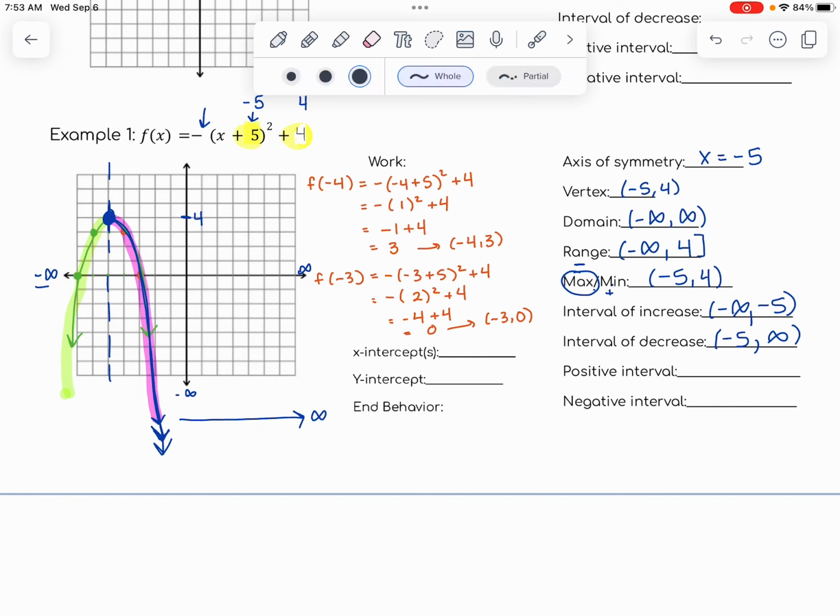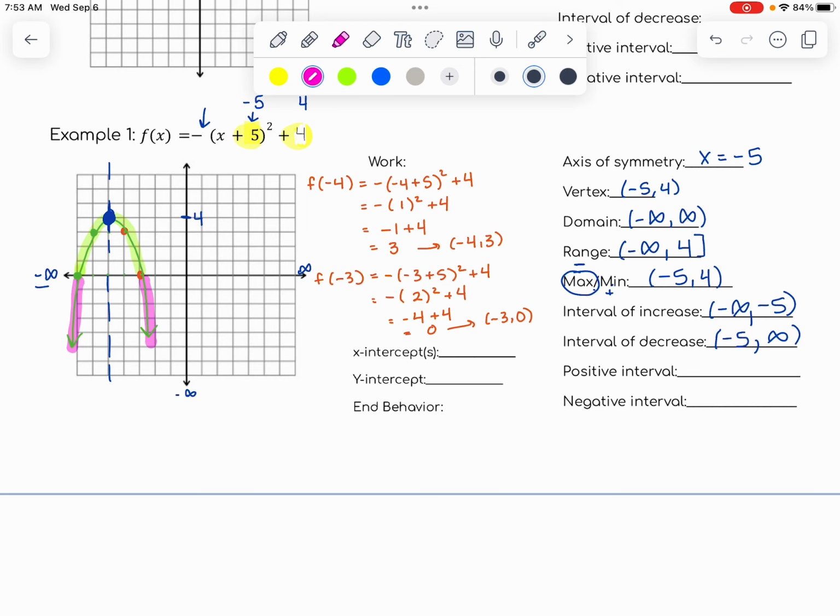All right, now let's talk about the intervals of positive and negative. So positive and negative intervals refer to being above or below the x-axis. It's talking about whether our y values are positive or negative. So we have positive y values for this portion of the graph, and we have negative y values for these two portions.